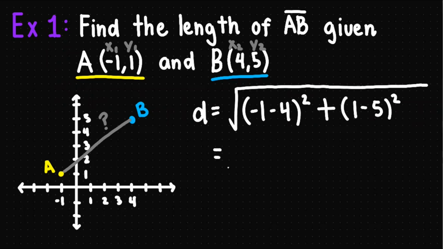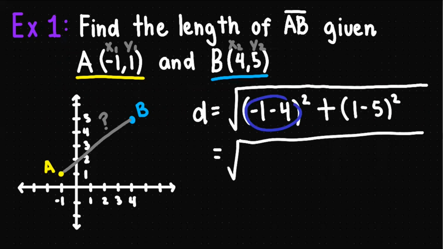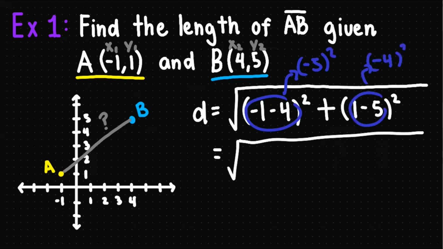From here, this will be -1 minus 4, which is -5, and this will be -4. Squaring these will obtain 25 plus 16.